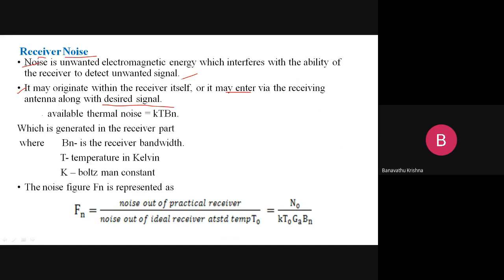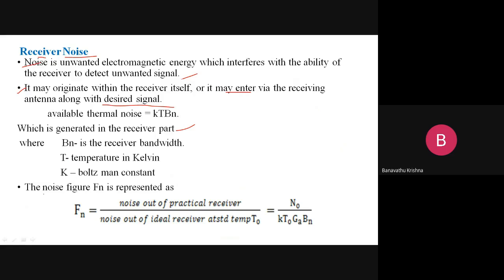So the available thermal noise is kTBn, which is generated in the receiver part, where Bn is the receiver bandwidth, T is the temperature in Kelvin, and k is the Boltzmann constant.